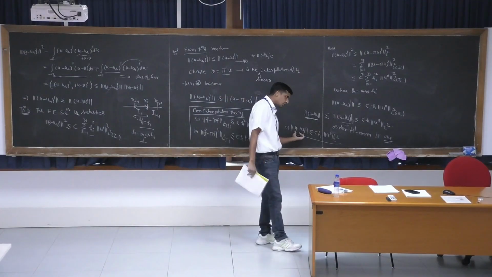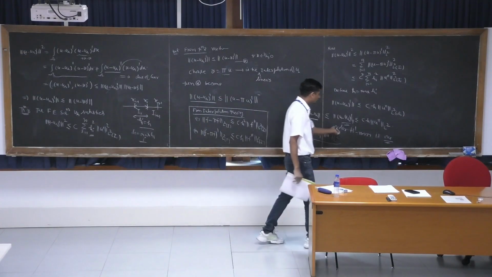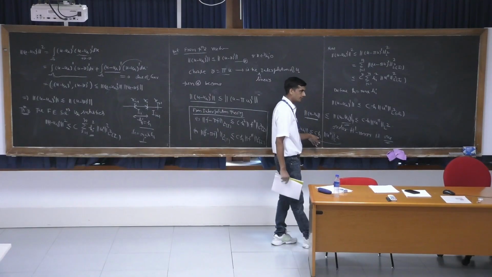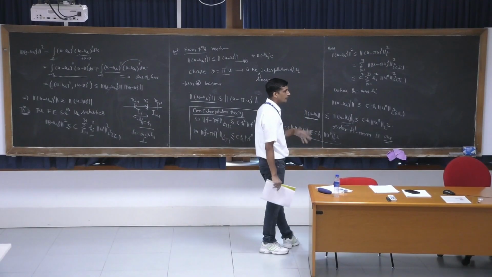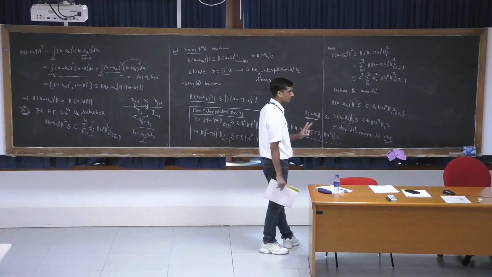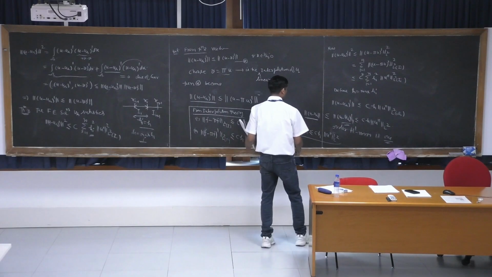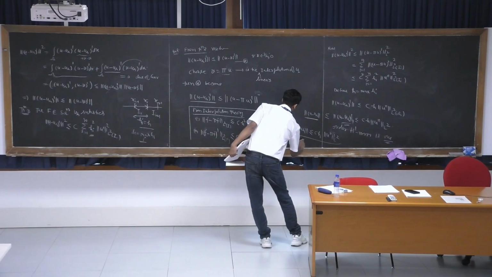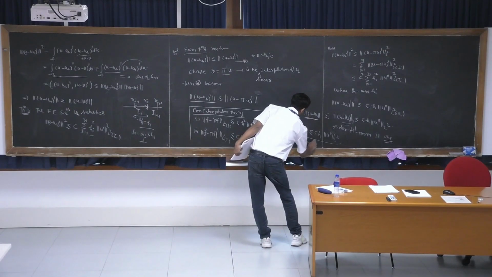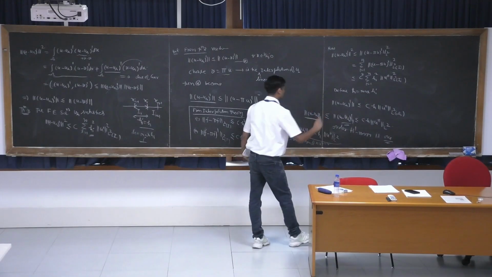So you can say that the order of the L2 error is also linear, but this is wrong because the L2 order in FEM is 2 for the linear one. So this is a suboptimal error estimate.